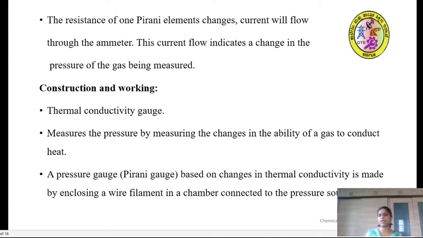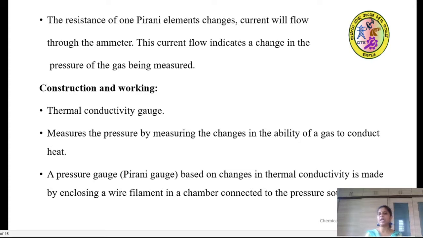And it measures the pressure. A thermal conductivity gauge measures the pressure by measuring the changes in the ability of the gas to conduct heat. Through that change in the ability of the gas to conduct heat, we can measure the pressure which is being applied to that thermal conductivity element.